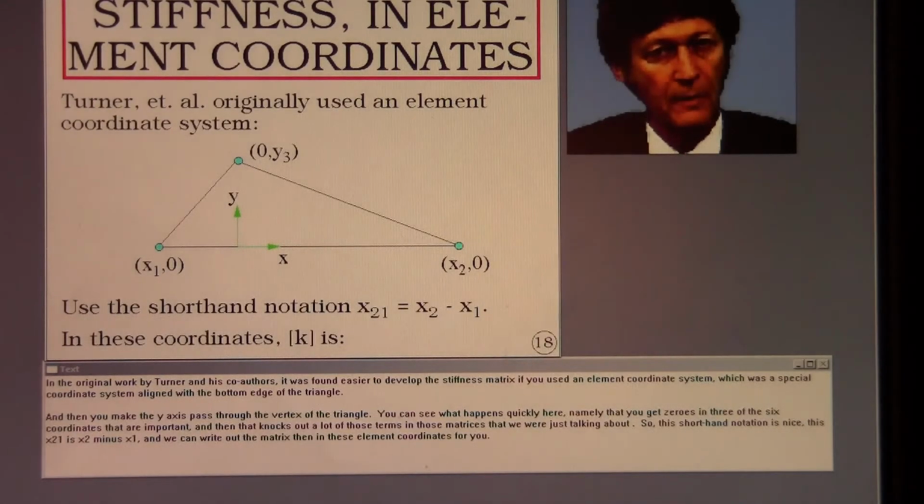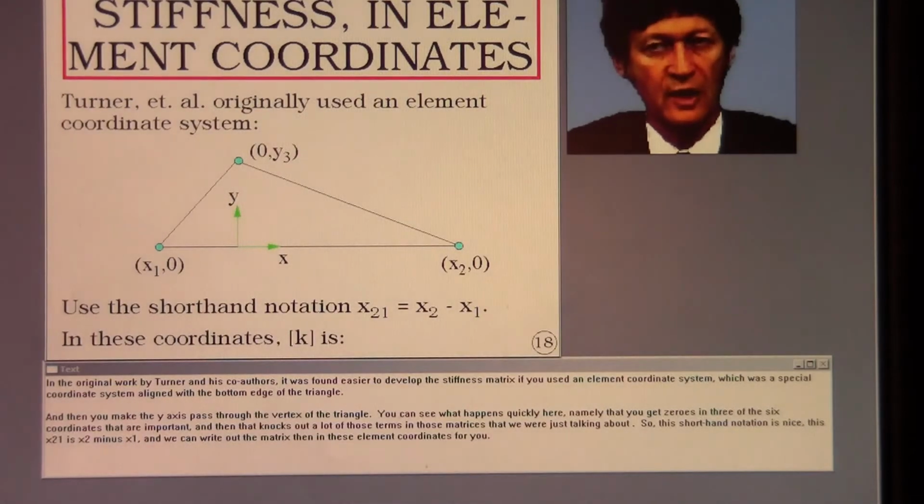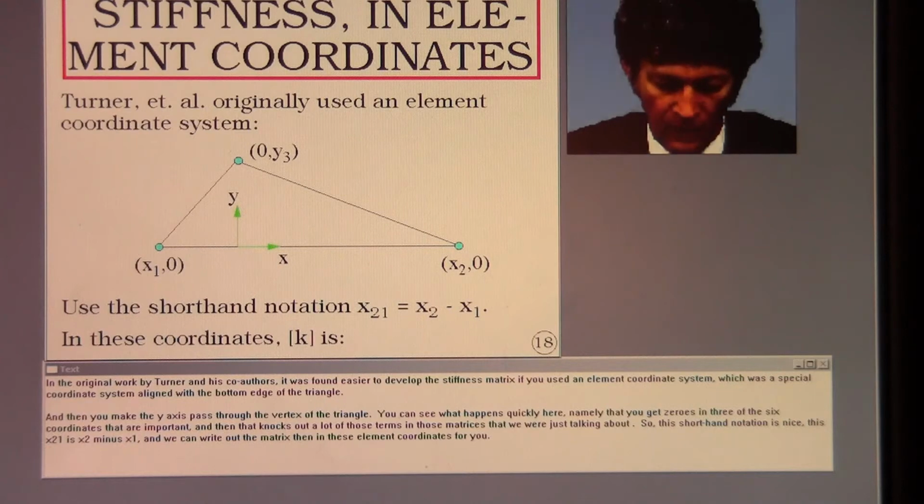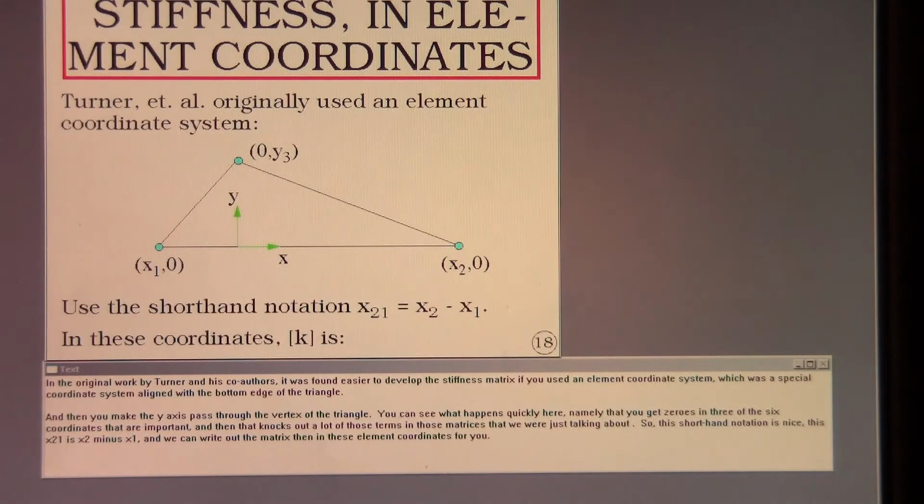In the original work by Turner and his co-authors, it was found easier to develop the stiffness matrix if you used an element coordinate system, which was a special coordinate system aligned with the bottom edge of the triangle. And then you make the y-axis pass through the vertex of the triangle.